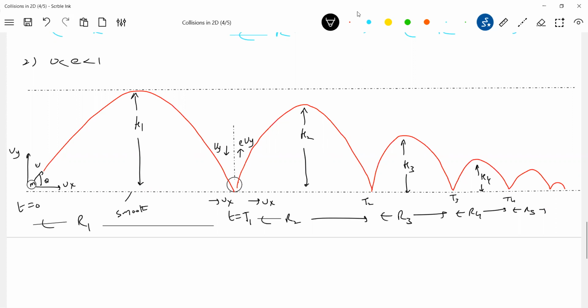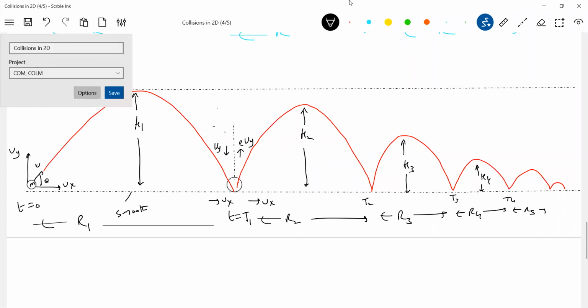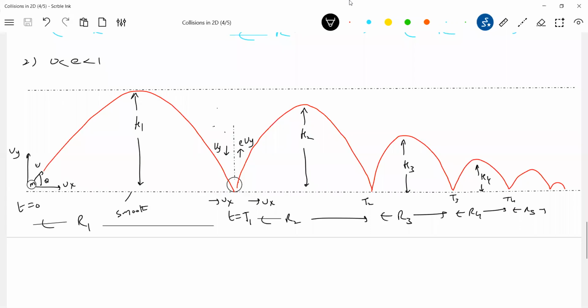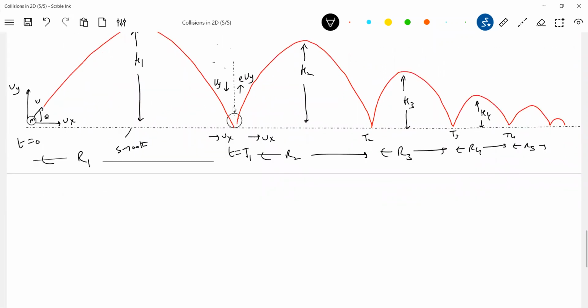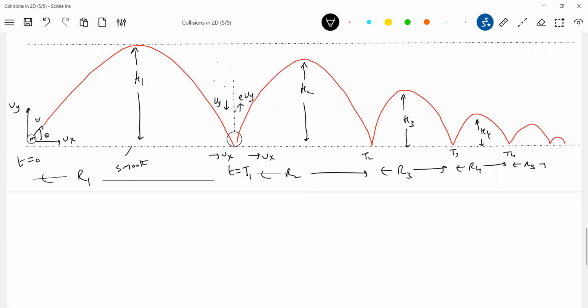Let's try to generalize everything here now. What is H1 equal to? Uy square by 2g. Describe the motion along x and along y, it'll be much easier to write the equations. Let's write all the equations.